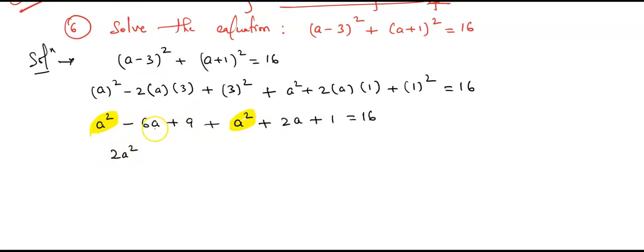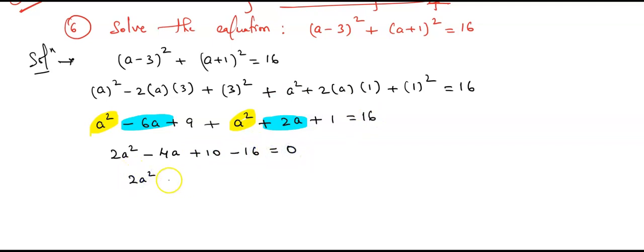Then minus 6a plus 2a. In 2 can you subtract 6? No. No means you should do the opposite calculation, that is 6 minus 2 is 4a, so minus 4a. Now left out is 9 plus 1 is plus 10. Now let me bring this plus 16 here, it becomes minus 16, equal to 0.